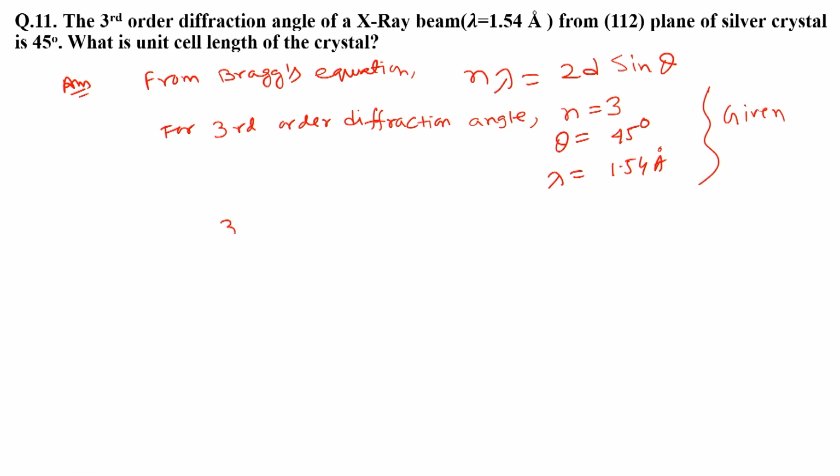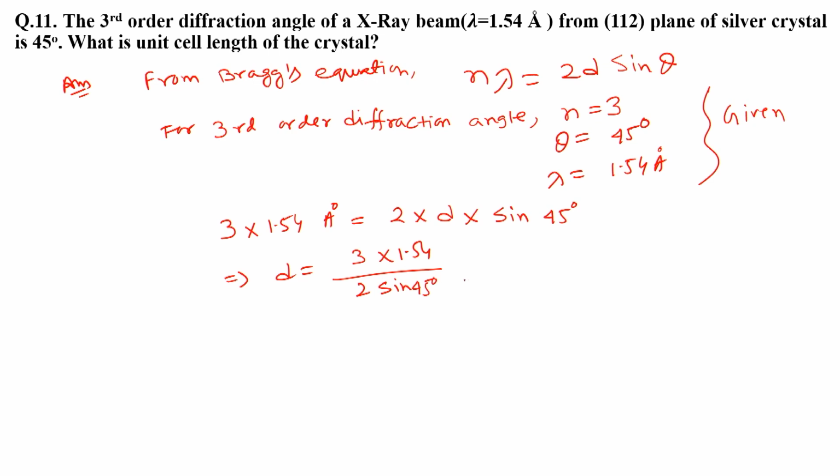So we write 3 times 1.54 angstrom equals twice d times sine 45 degree. So d is 3 times 1.54 by 2 sine 45 degree, in angstrom. If we calculate this, we get 3.27 angstrom, right? So this is the value of d we have got.